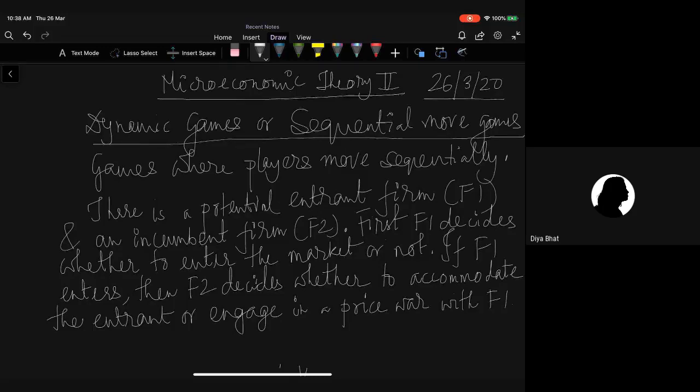But this choice is only relevant when firm 1 decides to enter. If firm 1 decides not to enter, then the game ends there.